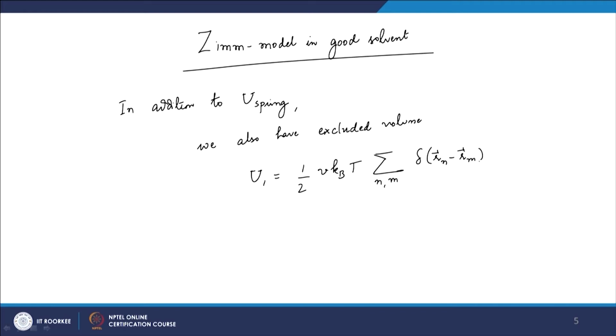And then again we will solve the equation that we got in the theta solvent case, except that again the zeta_p values will be different for the good solvent case.